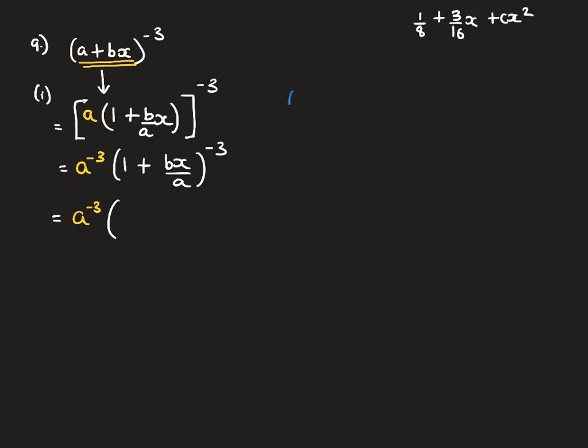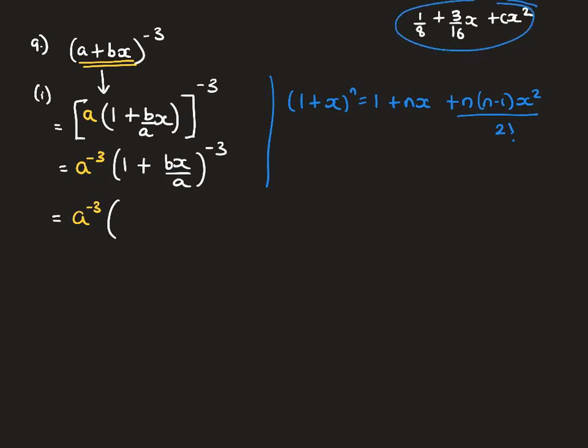So we're going to use 1 plus x to the n equals 1 plus nx plus n times n minus 1 x squared over 2 factorial. We don't need to go further than the term in x squared because in the original question we are only asked to go up to the x squared term. So let's do this really carefully.